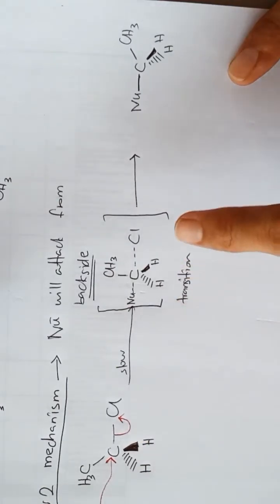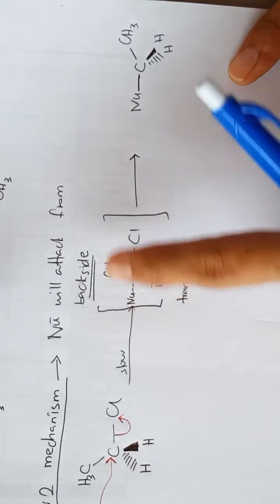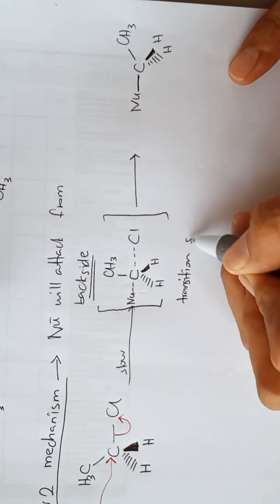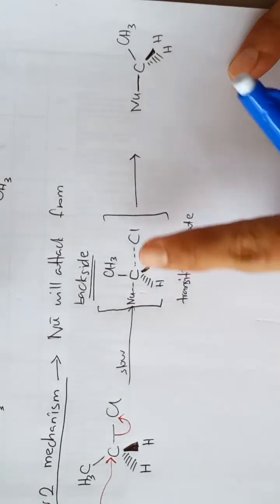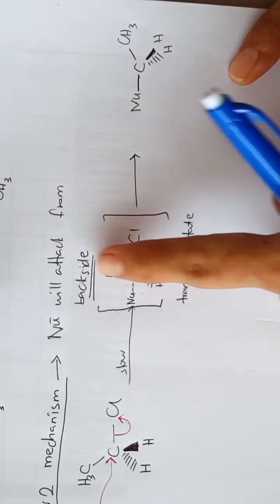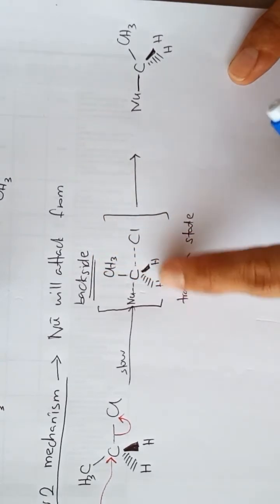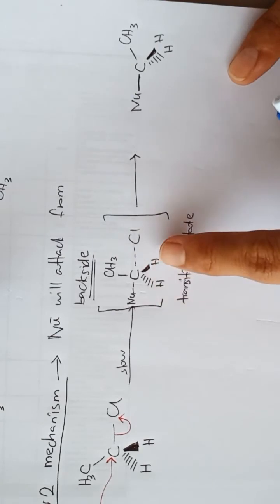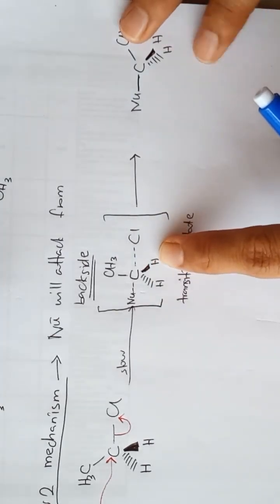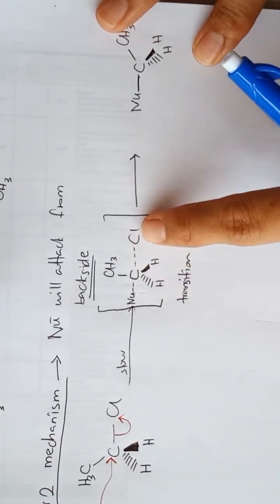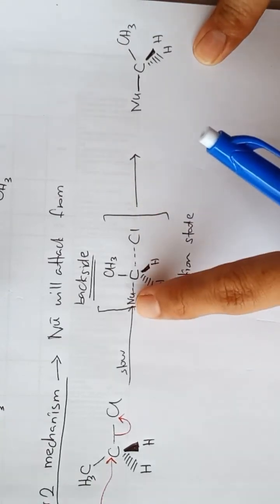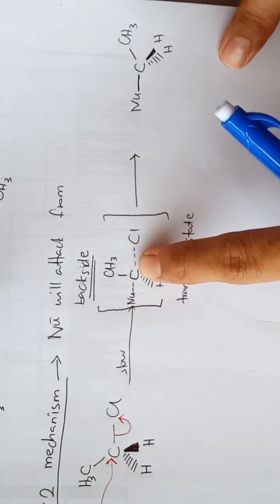When it becomes an activated complex like this, at the transition state, this CH3 will be at the center, and these 2 hydrogens also at the center.